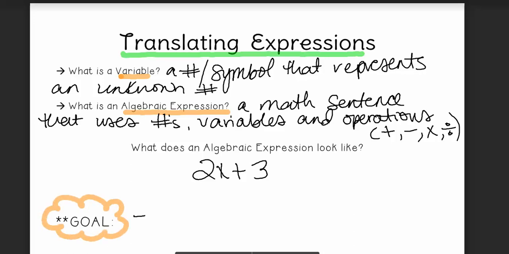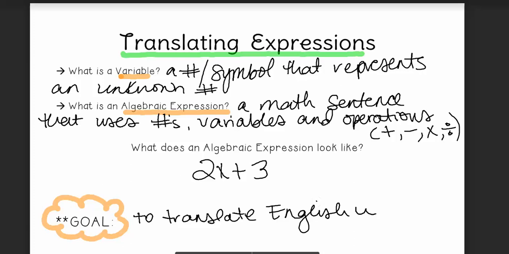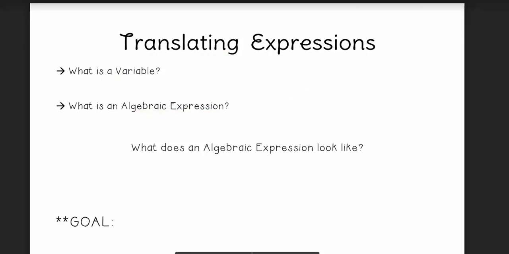My goal is to translate English words to math, or translating English words into an algebraic expression. So I'm translating it into math. That's what I'm going to be focusing on today.